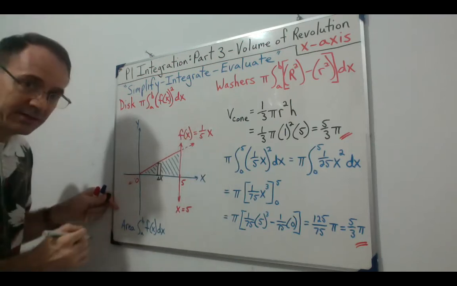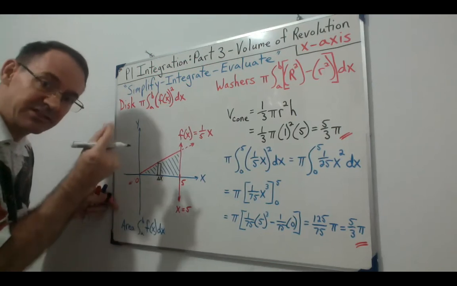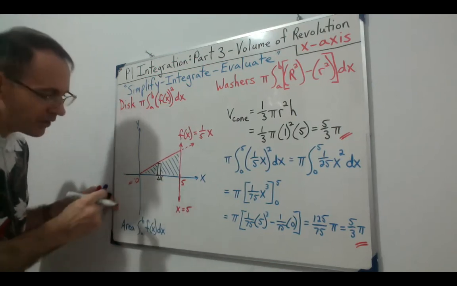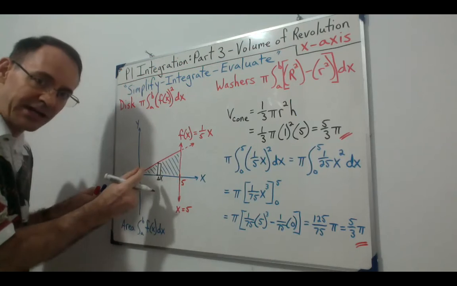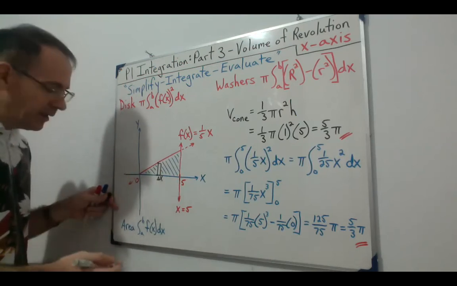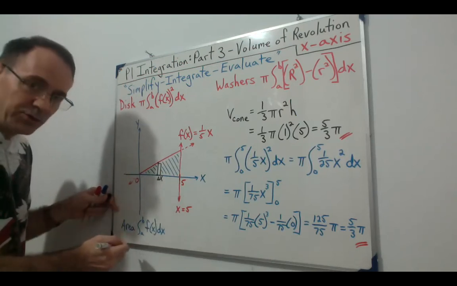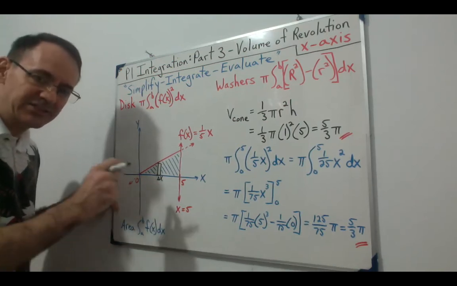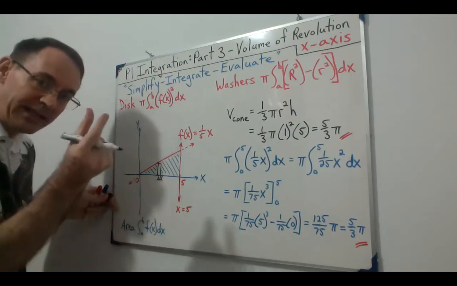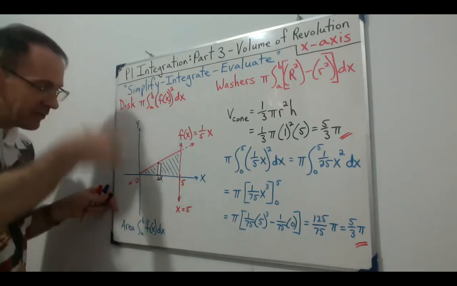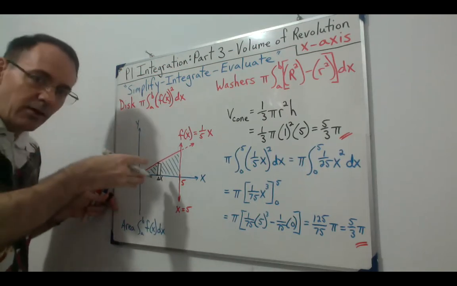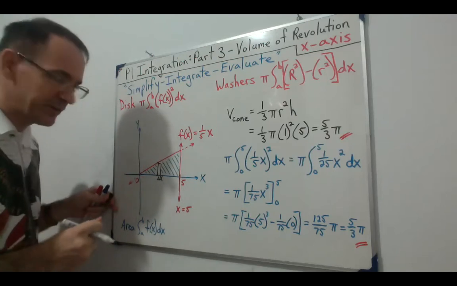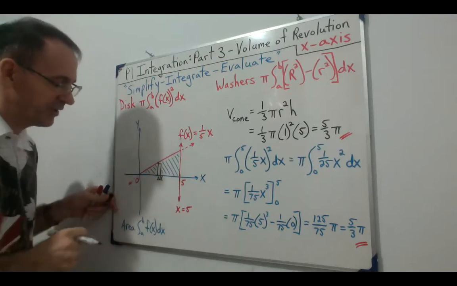The width of it is delta x. Delta x is the change in x. So you can make it as wide or narrow as what you want. But remember, as we do integration, we're driving that delta x towards 0. In other words, we're making it really, really small so that we can get almost like an infinite number of slices here through this area.